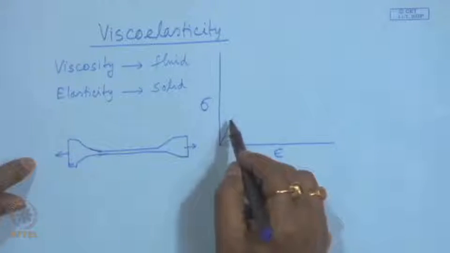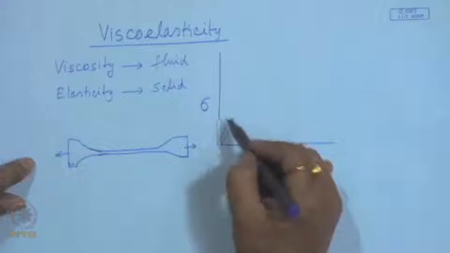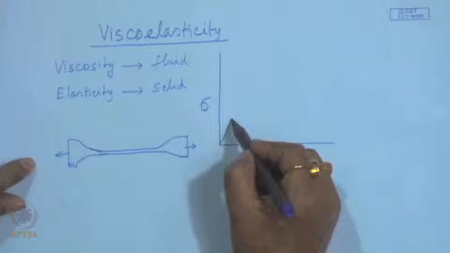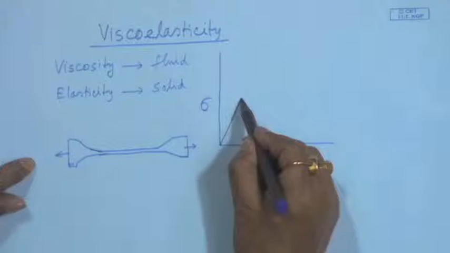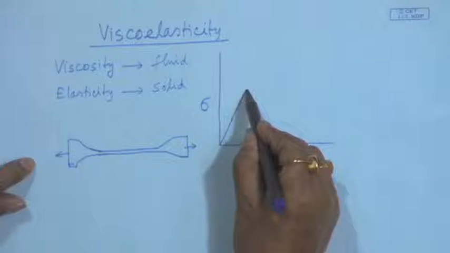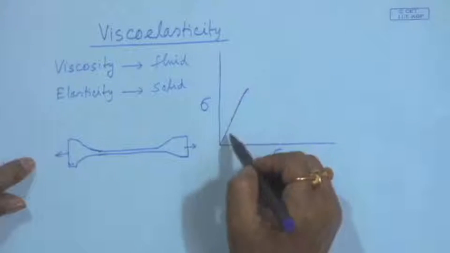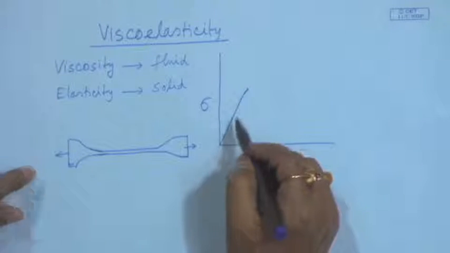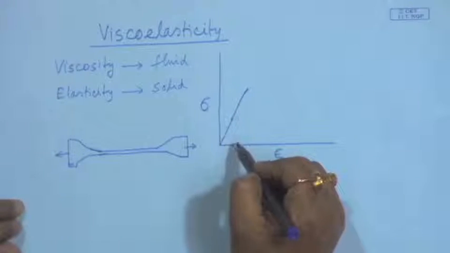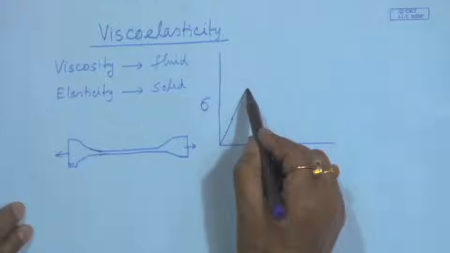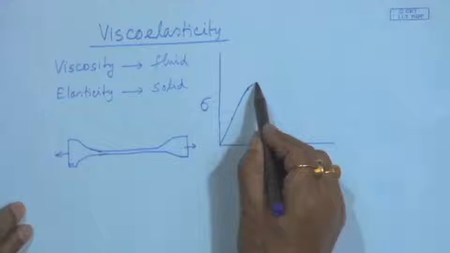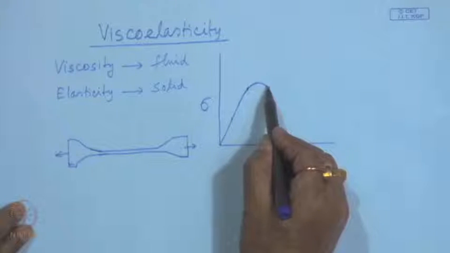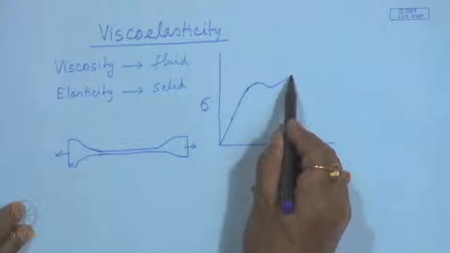On application of stress, deformation increases and gradually it passes through some stage where this linear variation of stress with strain moves towards non-linearity and it passes through some region, comes down, again it may increase and it may fall.